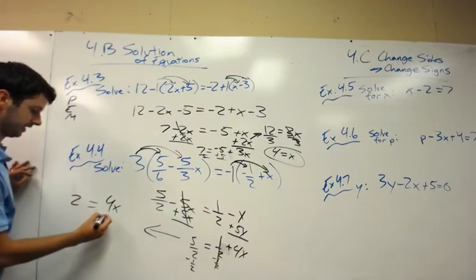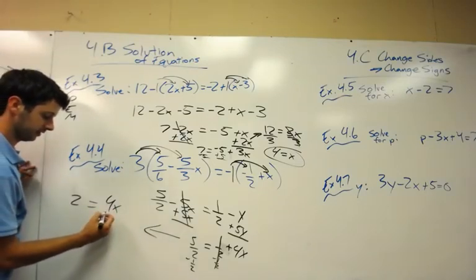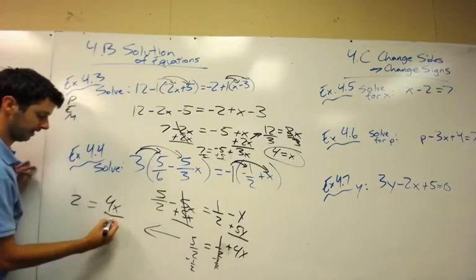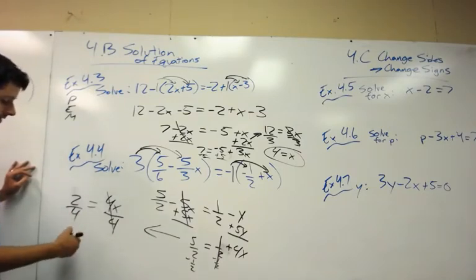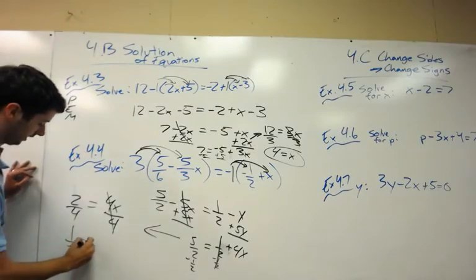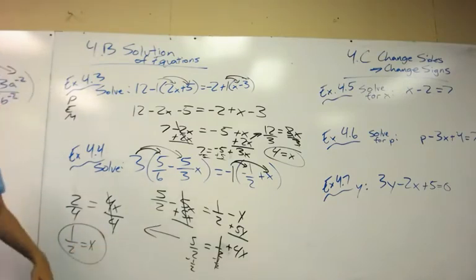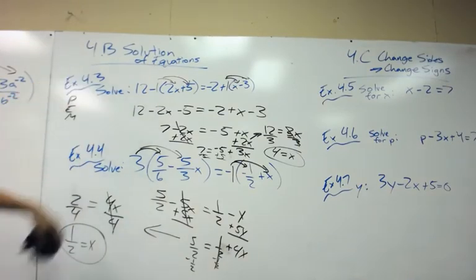To get x by itself, they're being multiplied, 4 and x, so we have to divide by the 4 on both sides. So x equals 2/4. Let's go ahead and reduce that to 1/2. X equals 1/2. And that is how you do solution of equations.